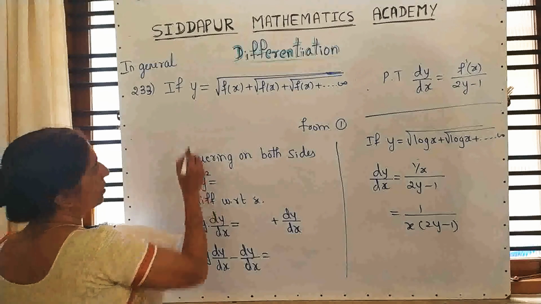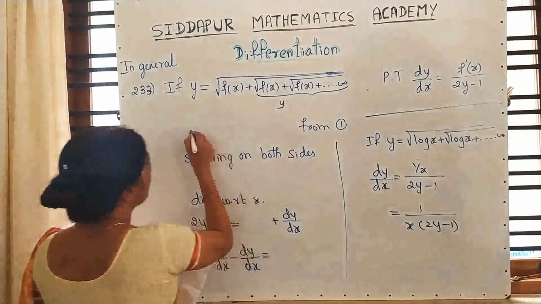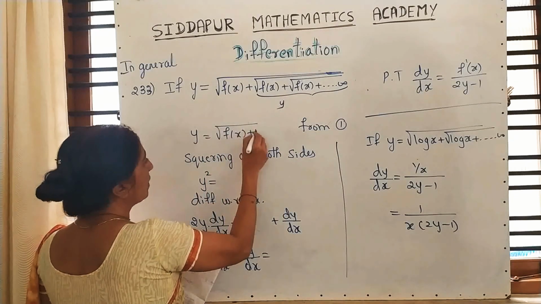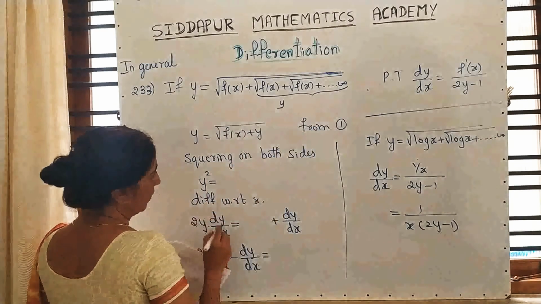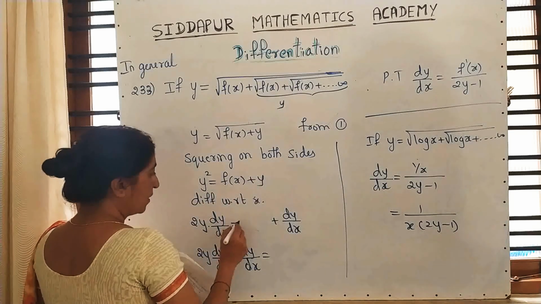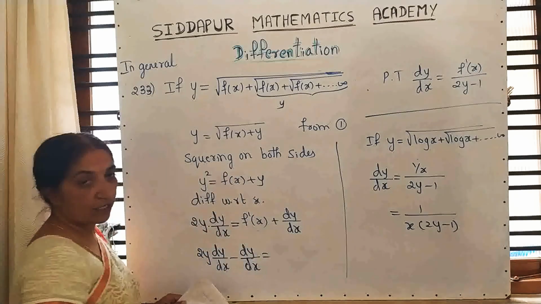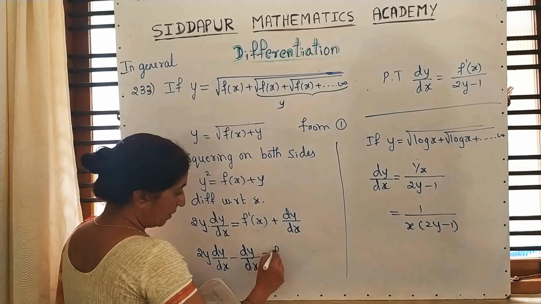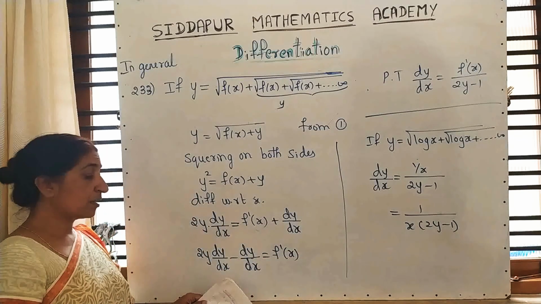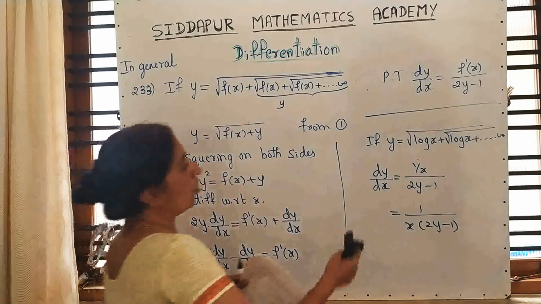So this is the important formula in general. That's why I gave in general. That means here I am writing y is equal to root of f of x plus y. That we wrote from equation 1. Squaring on both the sides. Now differentiate this. Correct? Differentiation of f of x is f dash of x. Then rearrange the term with dy upon dx one side, without dy upon dx one side. Then take common.